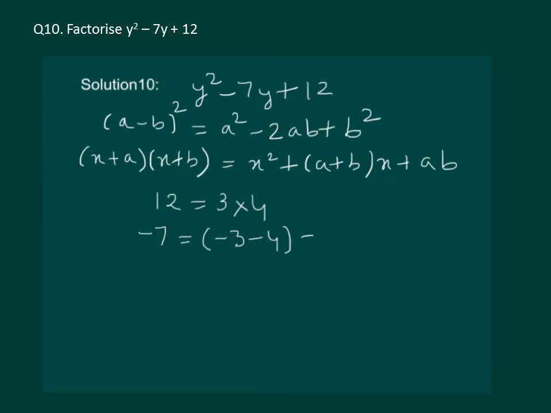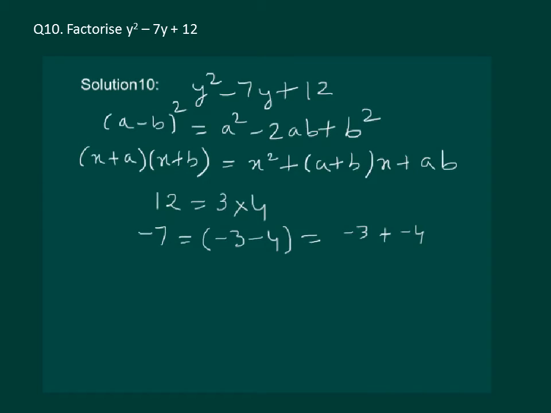Or we can say we are writing it as minus 3 plus minus 4. This can be compared to a plus b. But here we have a as 3 and b as 4. Here we are taking a as minus 3 and b as minus 4. Then there is an imbalance.